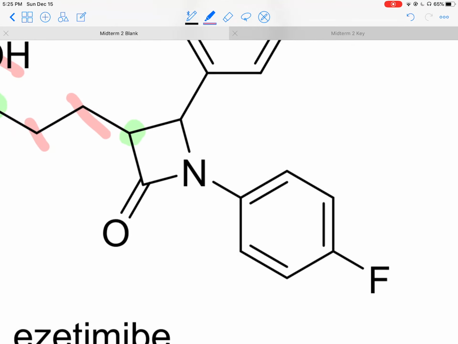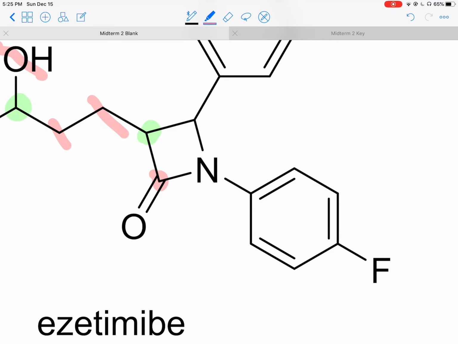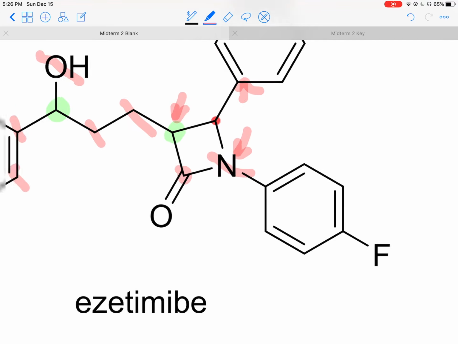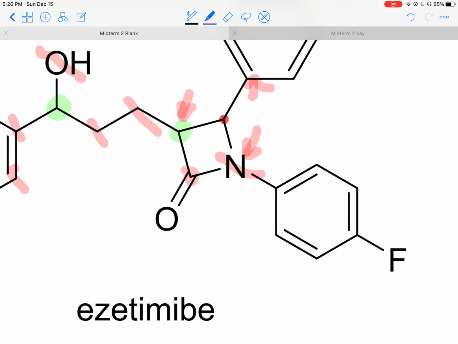Okay. This one cannot be because it has a pi bond to oxygen. It's only making 3 bonds to different things. This nitrogen is only making 3 bonds. This carbon here is attached to the nitrogen, it's attached to the benzene, it's attached to this whole thing, and it's attached to a hydrogen, so that's another stereocenter. It has 4 different groups that it's attached to.